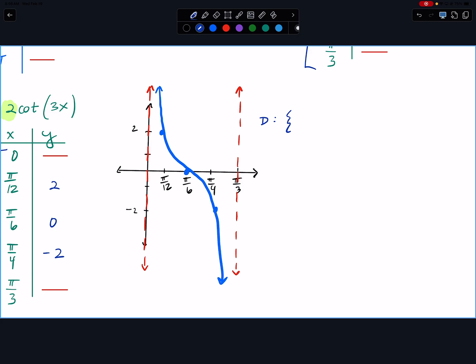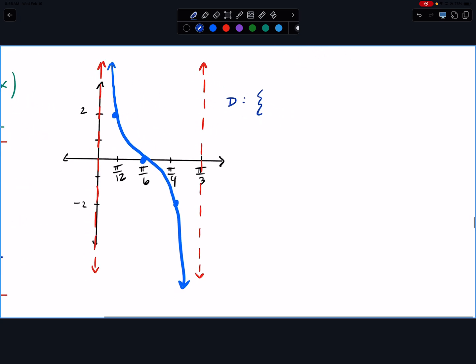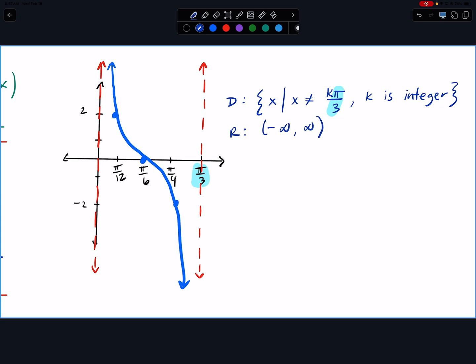My domain is going to be all x such that x cannot be k pi over 3. I'm going to highlight my little asymptote and then highlight this so that when you guys are studying, you make that connection. Where k is still an integer. Range is still all real numbers.